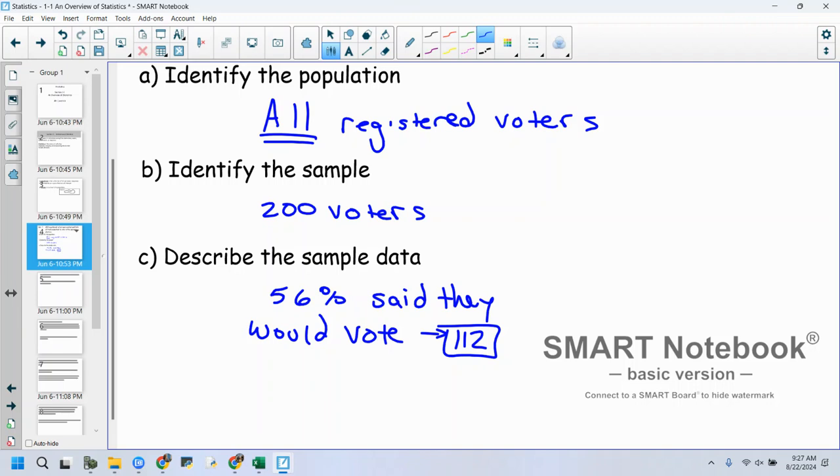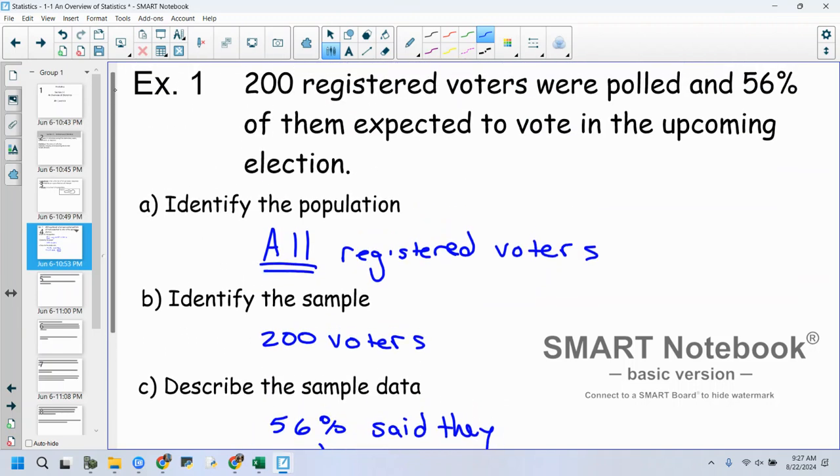How confidently can we say that 56% of voters of the population will actually vote, right? Because this is taking a sample to try to make an inference about the population. I took a sample of 200 to try to maybe predict the future about all of the registered voters. I take a sample to predict something about the population.